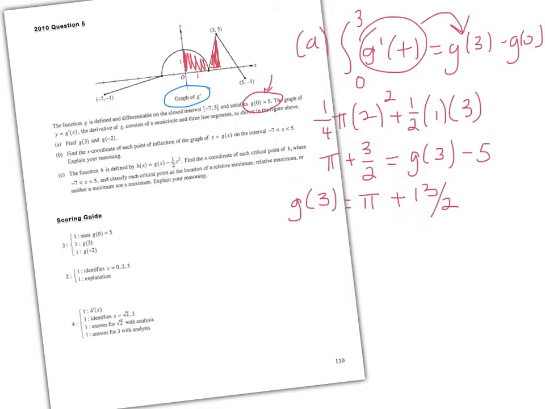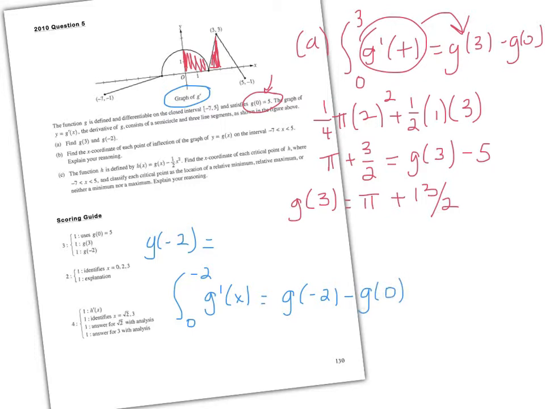Okay, so part B. Or not B, still part A, right? So you're going to have g of -2. And I don't care how you write it. You can write it 0 on the bottom to -2 if you want. But usually we would use 0 to -2 like that of g prime. So it would be g of -2 minus g of 0.